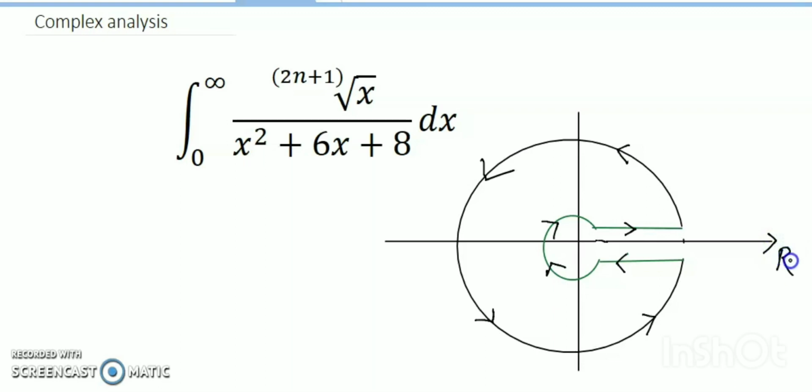So this is real and this is imaginary. Okay. So friends, I have already completed this problem.